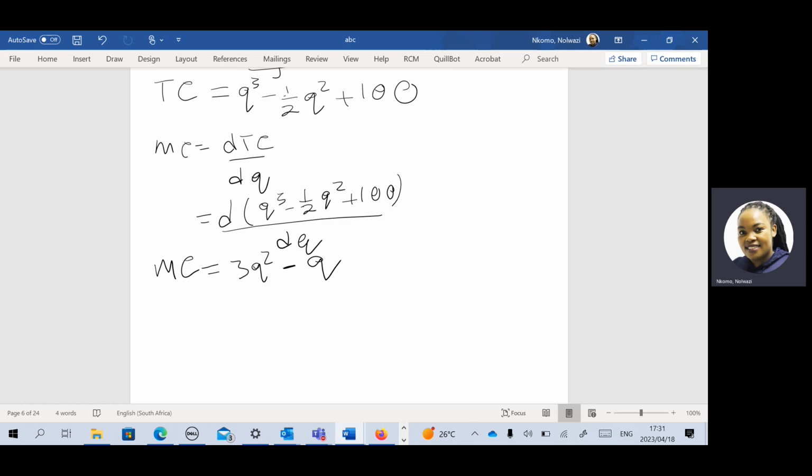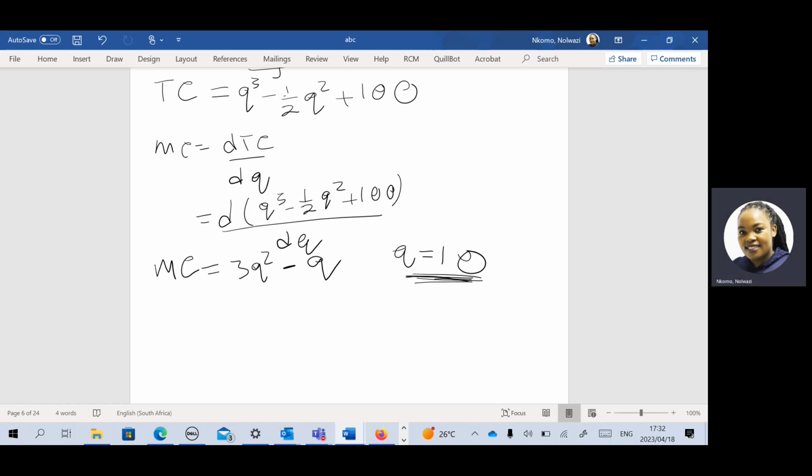Let's say we are given a quantity as 10, meaning Q is equal to 10. If you were asked to find the cost of producing one more unit after producing 10 units, right? This is what you'll do.